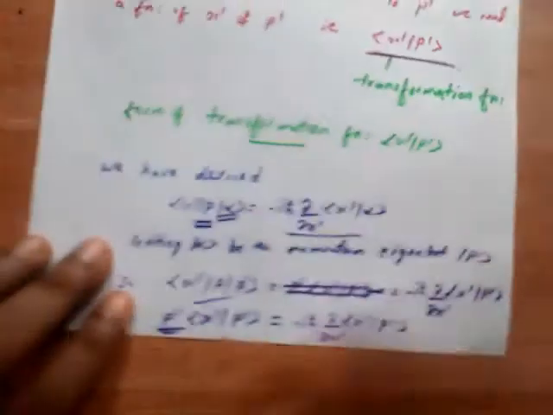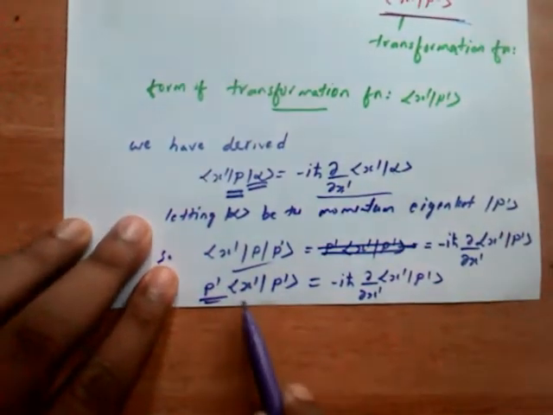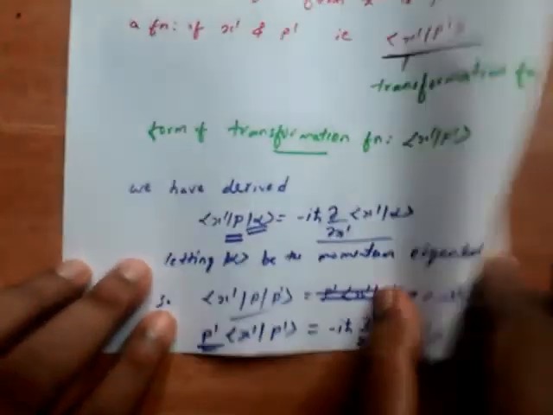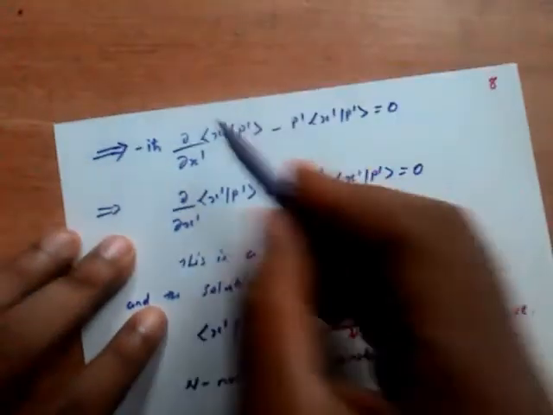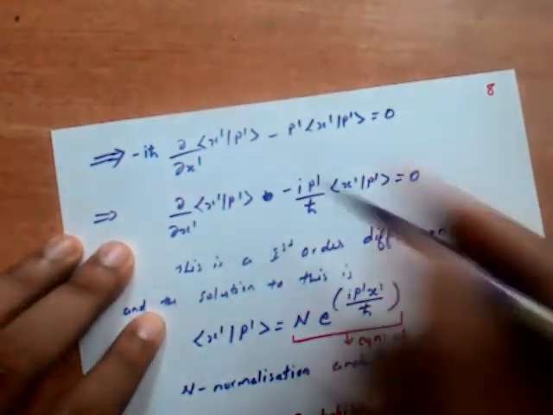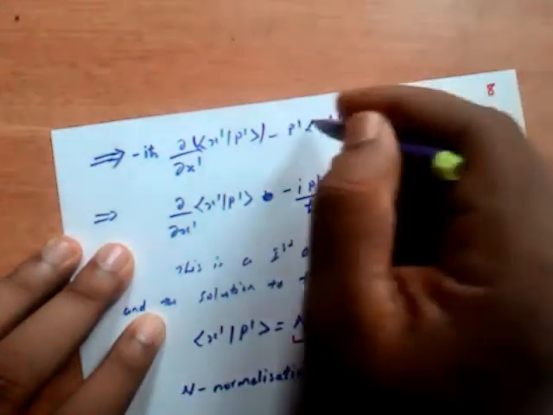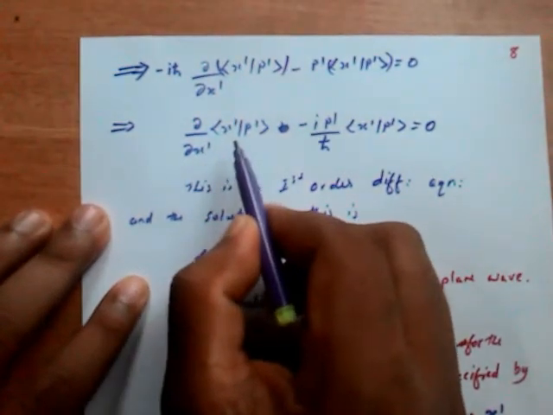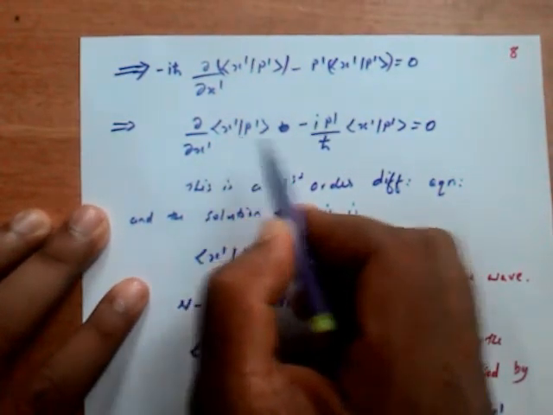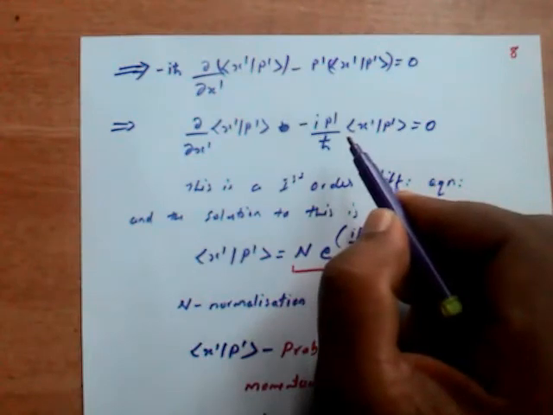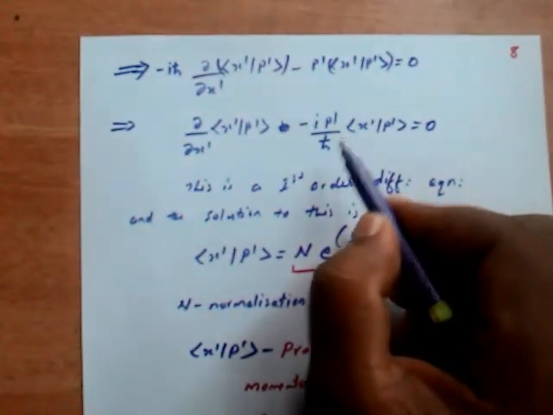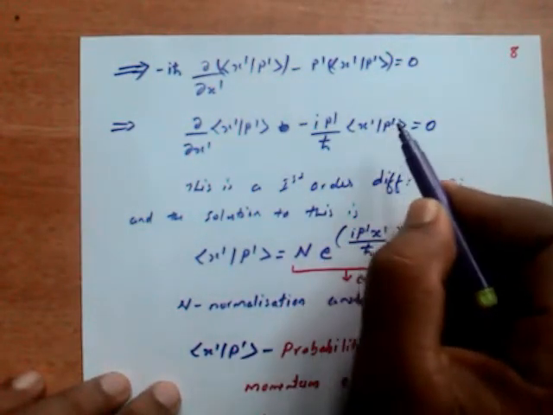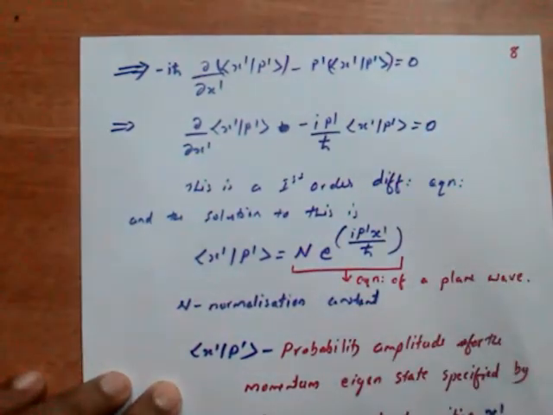We write this equation as a first order differential equation: dou by dou x dash of x dash p dash minus i p dash divided by h cross, times x dash p dash, equal to 0.